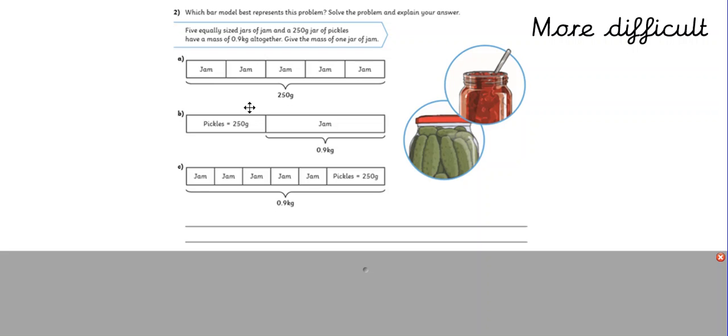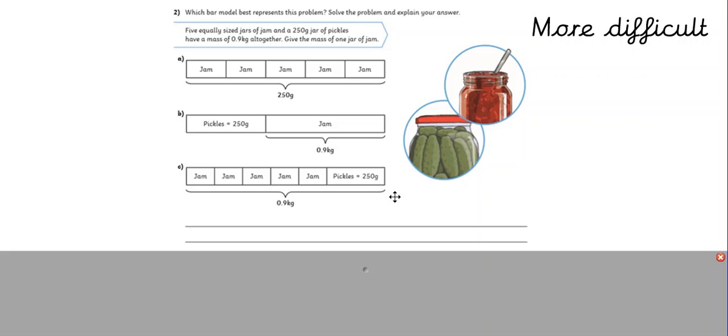B is showing pickles equaling 250 grams, and then jam equaling 0.9 kilograms underneath. And then E is showing 1, 2, 3, 4, 5 jams and pickles equaling 250 grams, totaling 0.9 kilograms.